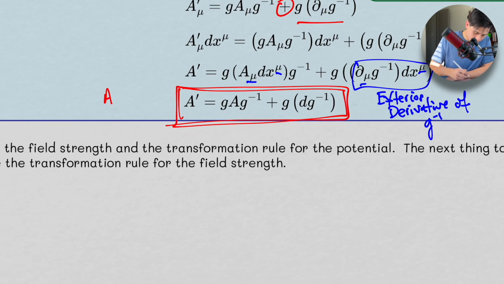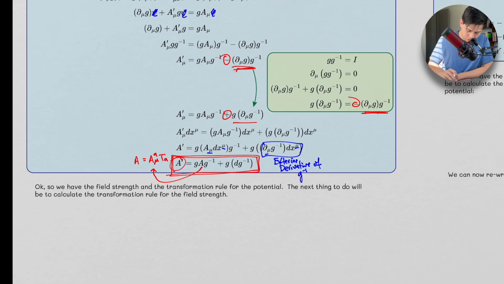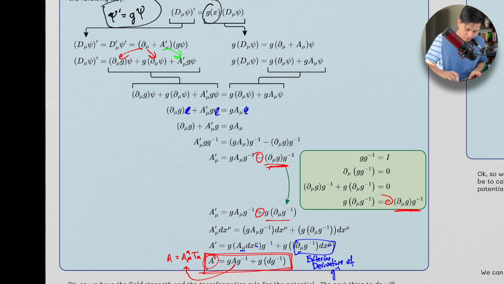So again, recall A is equal to A mu A TA. The transformed A now is this, where this again is this, and now we have the inverse of the metric being involved as well. Right? Okay. Again, you can pause the video if you want, but hopefully that was clear.